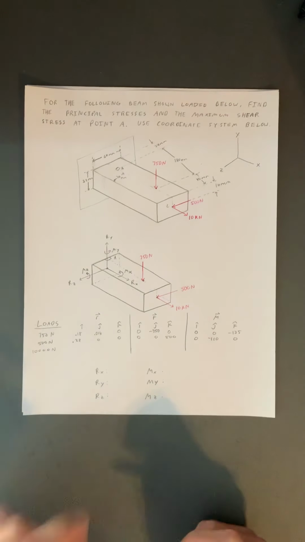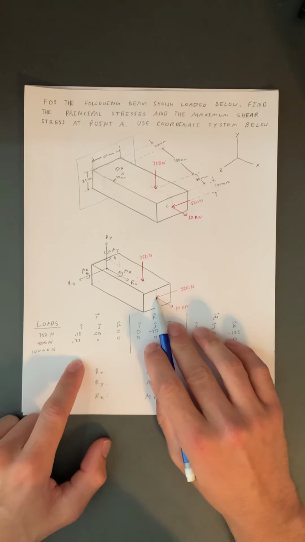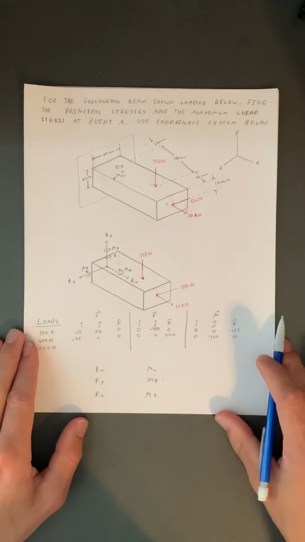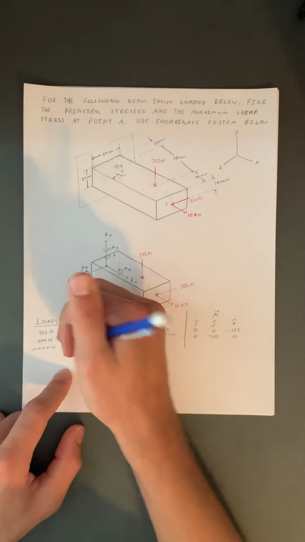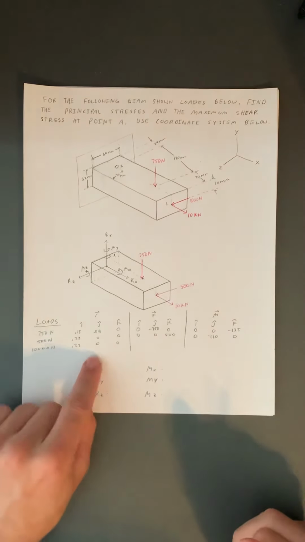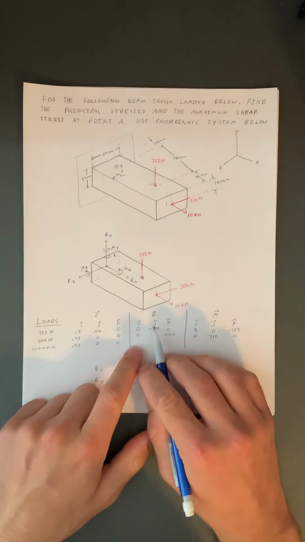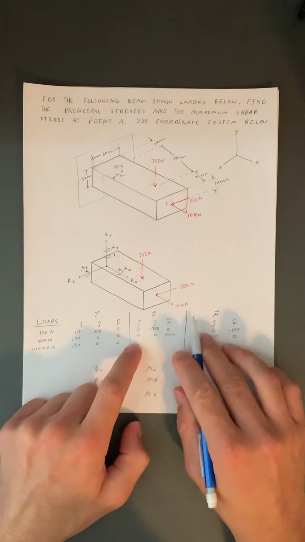And again, we do the same thing. It ends up being at the same location as the 500 Newton force. So the location vector, or the direction vector, is the same as the 500 Newton. And the only thing that changes is the force vector.